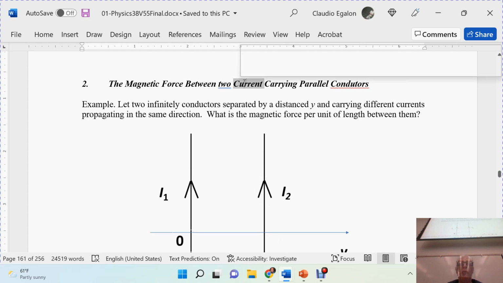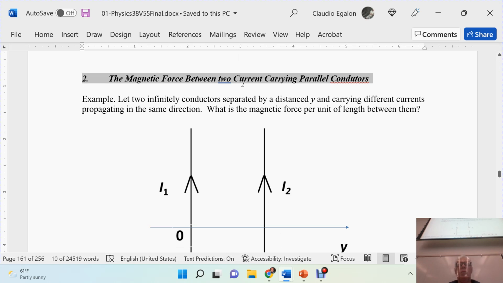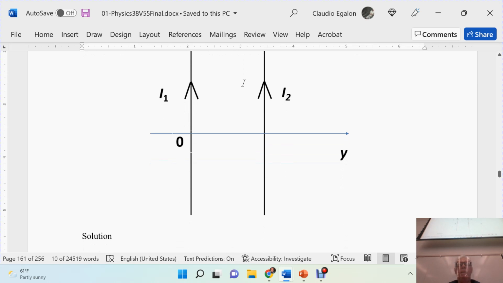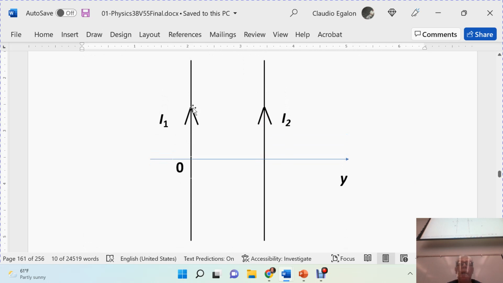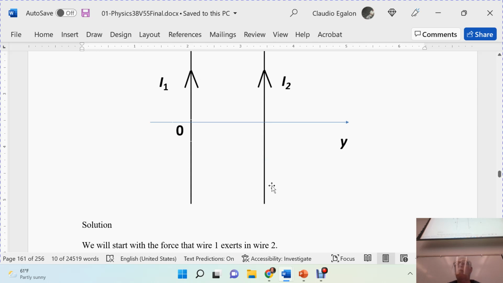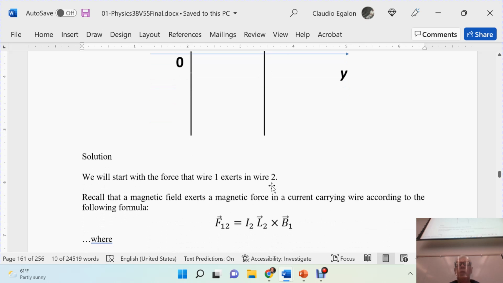Magnetic force between 2 current carrying parallel conductors. This current produces a magnetic field that's going to interact with this other current wire. A magnetic field applied to a current carrying wire generates a magnetic force.